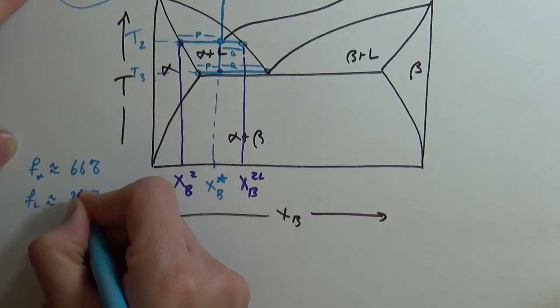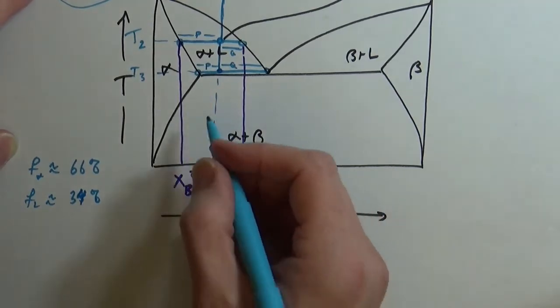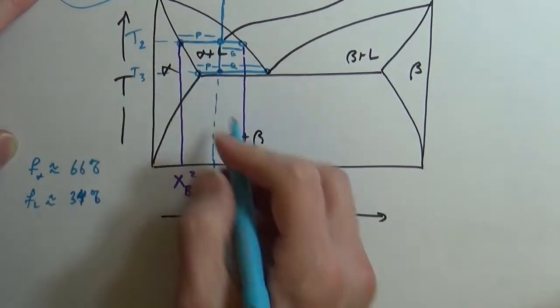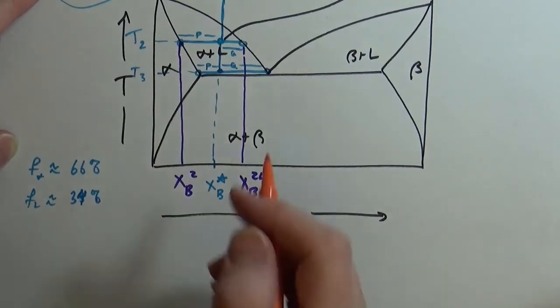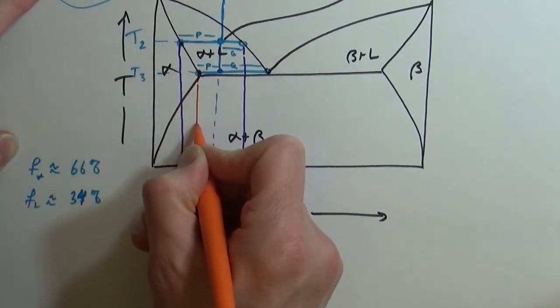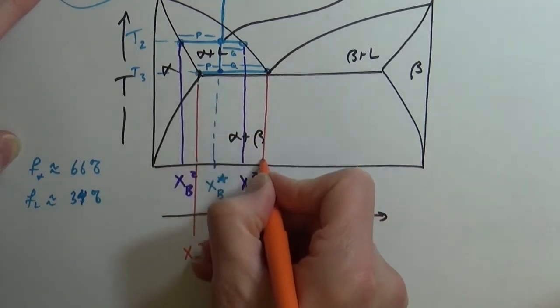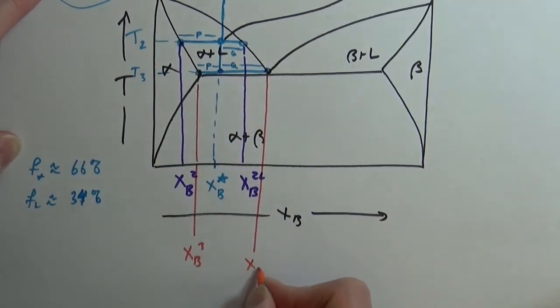Well, 34, why not? 34%. And the composition can be determined by looking where the tie line crosses the boundary, coming down, calling this XB3. That is XB3L.